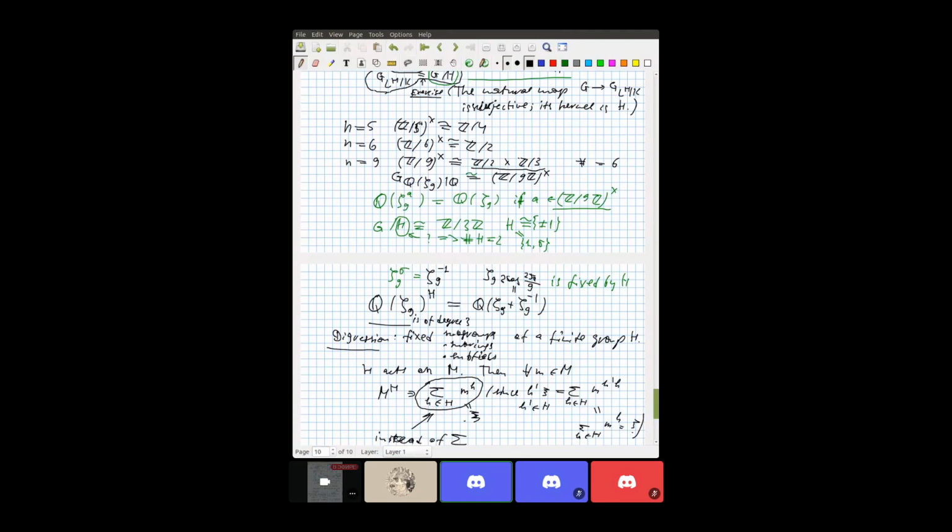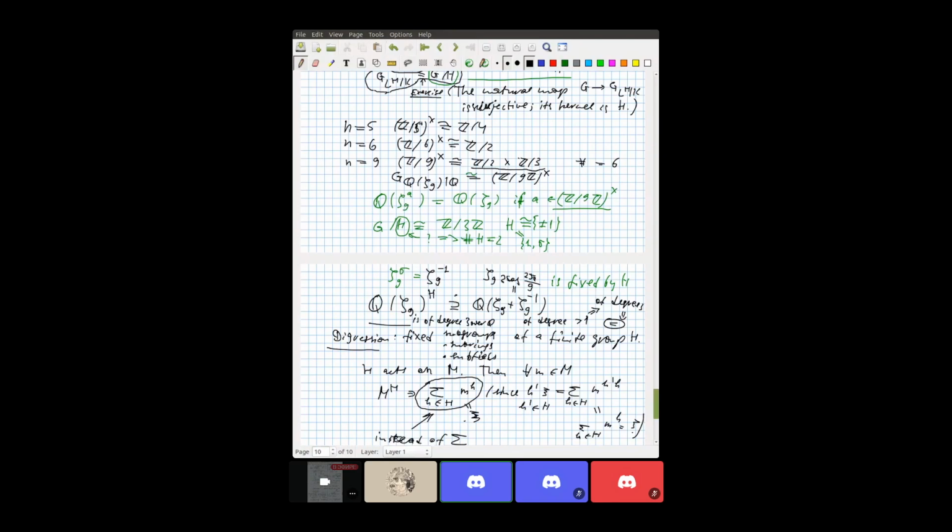This field is of degree strictly greater than 1 over Q, and this degree divides 3, and therefore it is of degree 3.